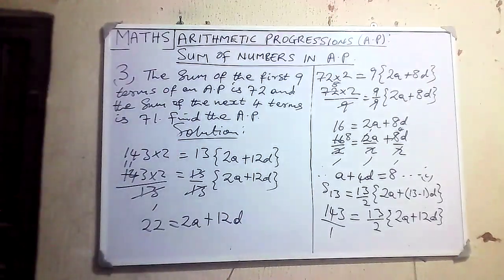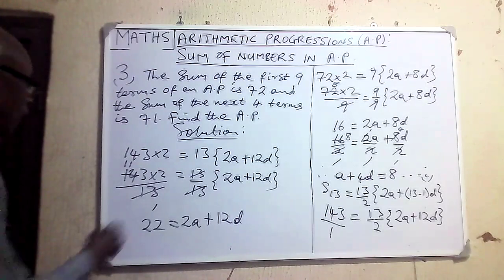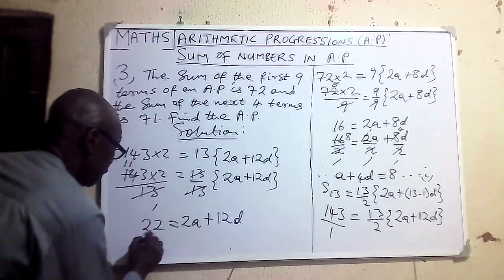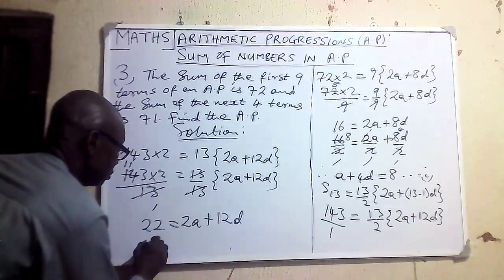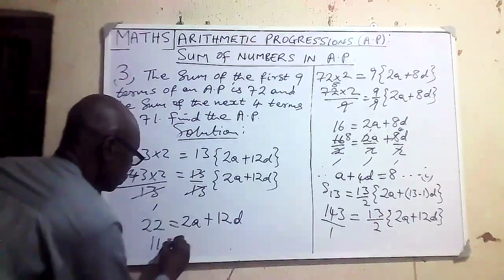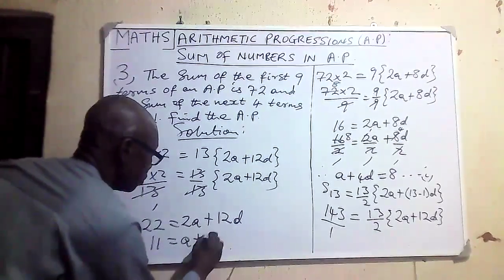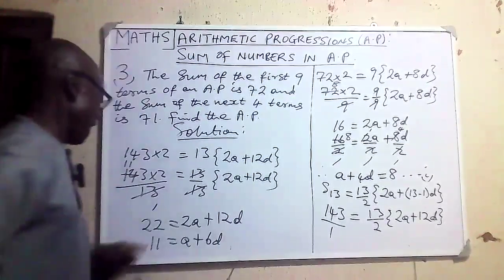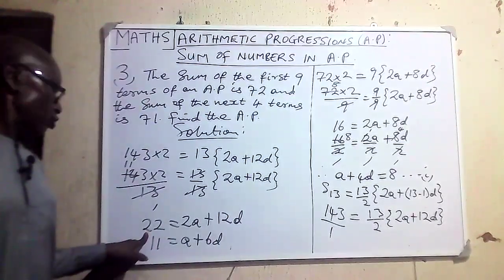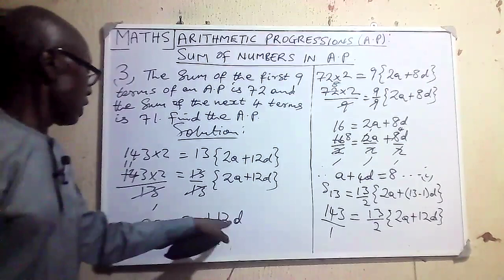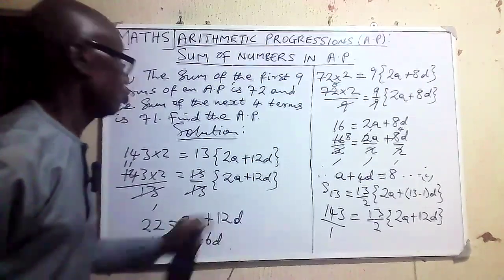Again, if you divide through by 2, we are going to have 11 equal to a plus 6d. I have divided 22 by 2, 2 by 2, and then 12 by 2.